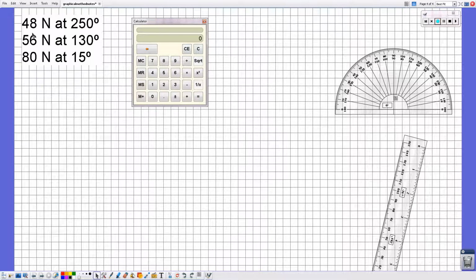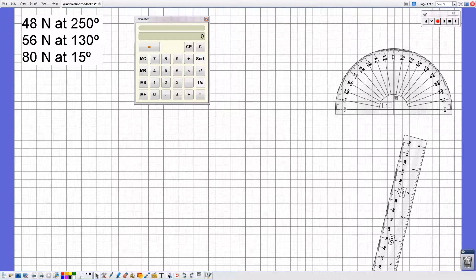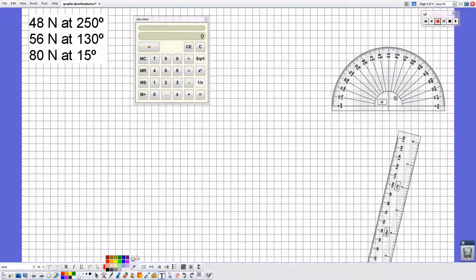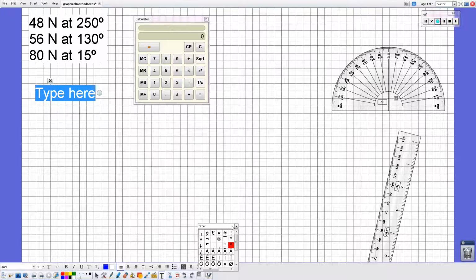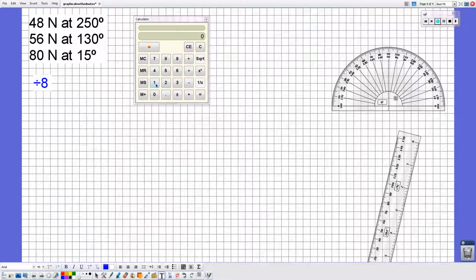Okay, so let's see, 48, 56, and 80. I happen to know that these are all divisible by 8. Mainly I know that because I wrote the problem. So for my scale, I am going to divide everything by 8. Okay, so let's see, 48 divided by 8 is 6. 56 divided by 8, 7.